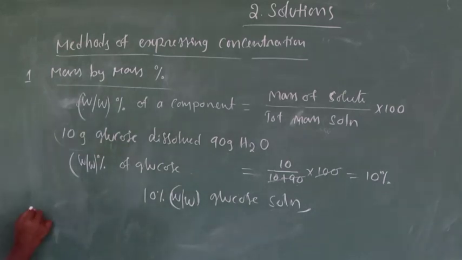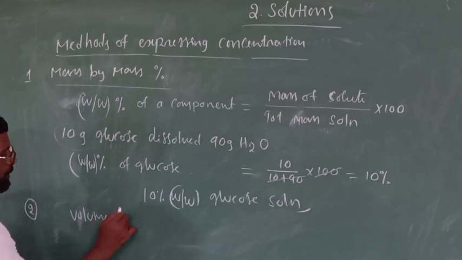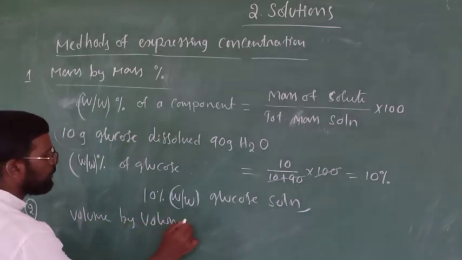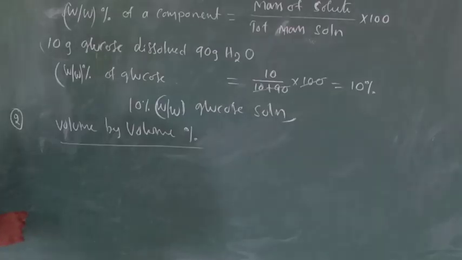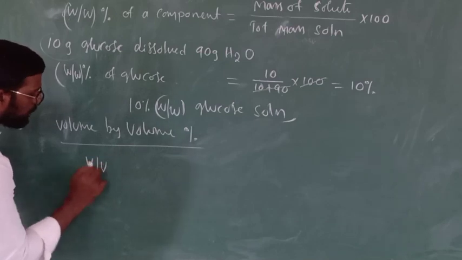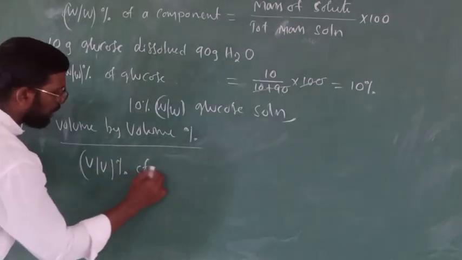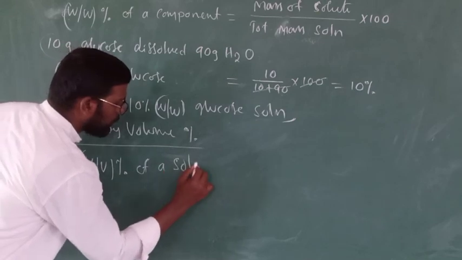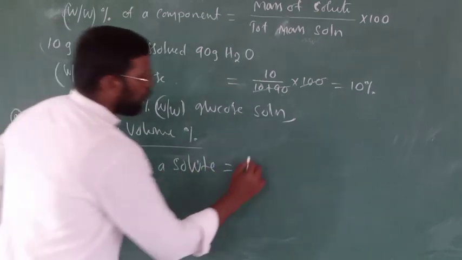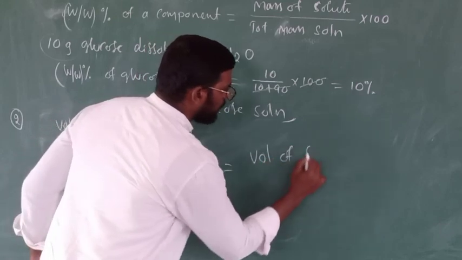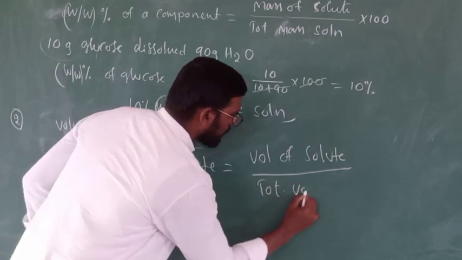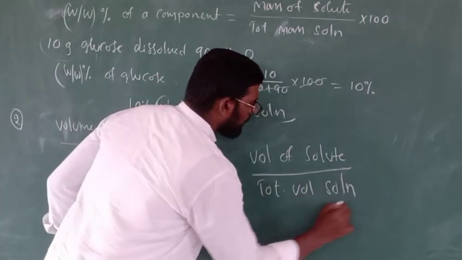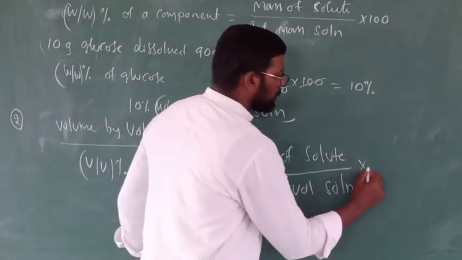Right? Next, the second method is volume by volume percentage. Volume by volume percentage of a solute is equal to volume of solute by total volume of solution into 100.